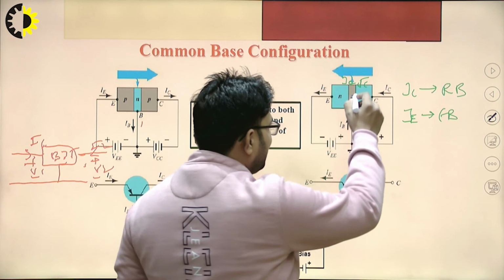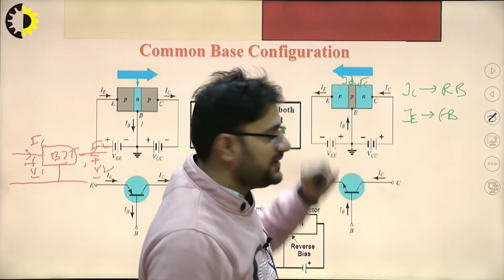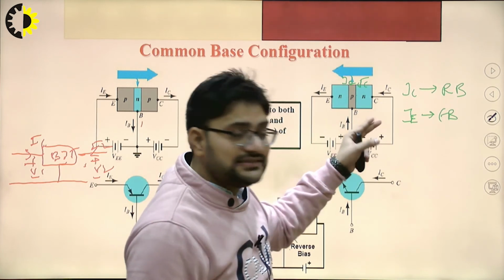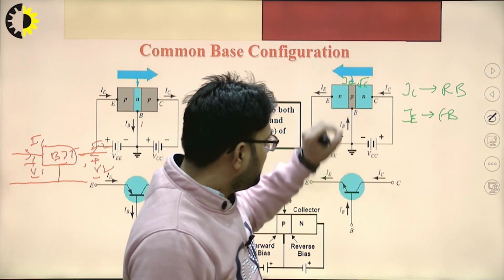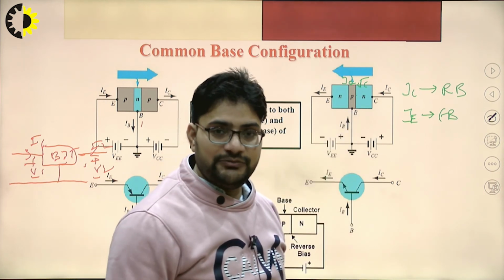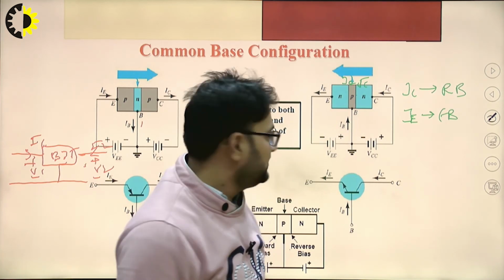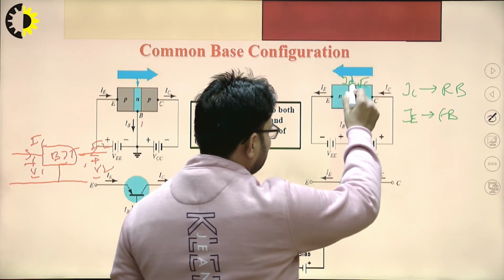Collector side is having more doping than this base, such that if we increase the reverse biasing voltage, then this depletion layer will penetrate more into this base region, right?